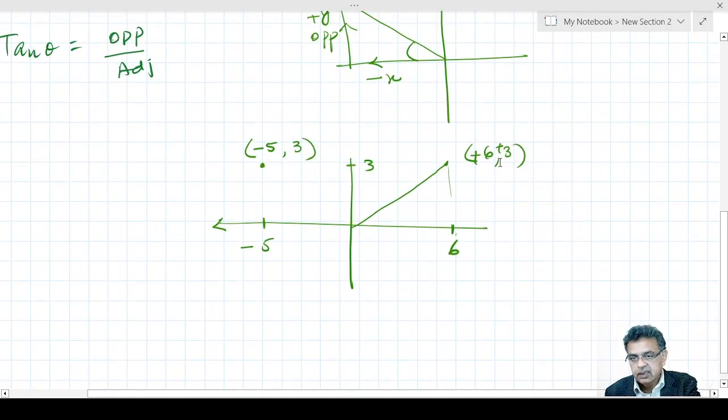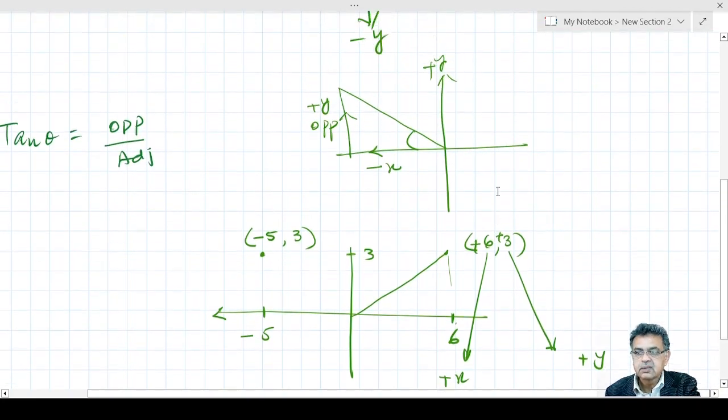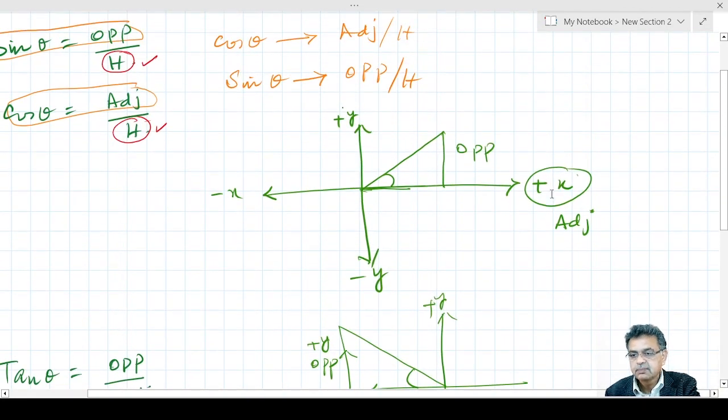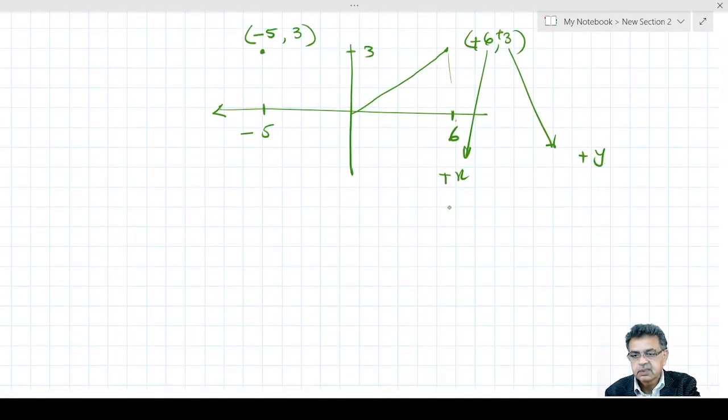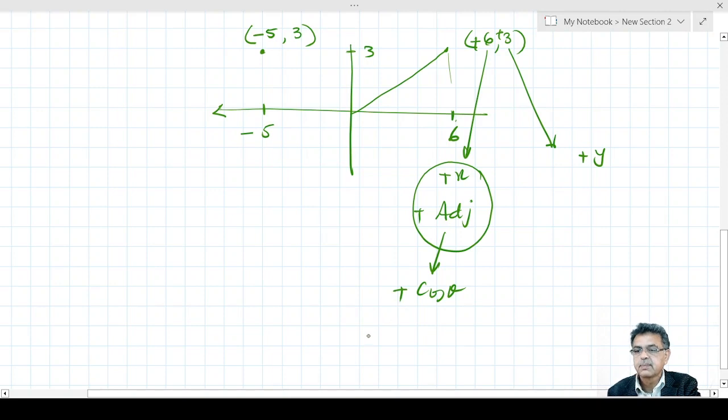Here x is positive and y is positive in the first quadrant. As x plays the role of adjacent, if x is positive, that means adjacent is positive. Further, if adjacent is positive, that means cos theta is positive.